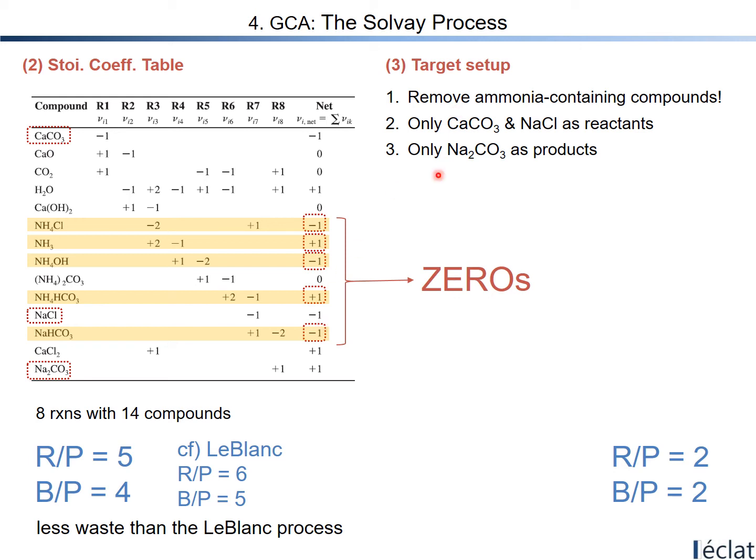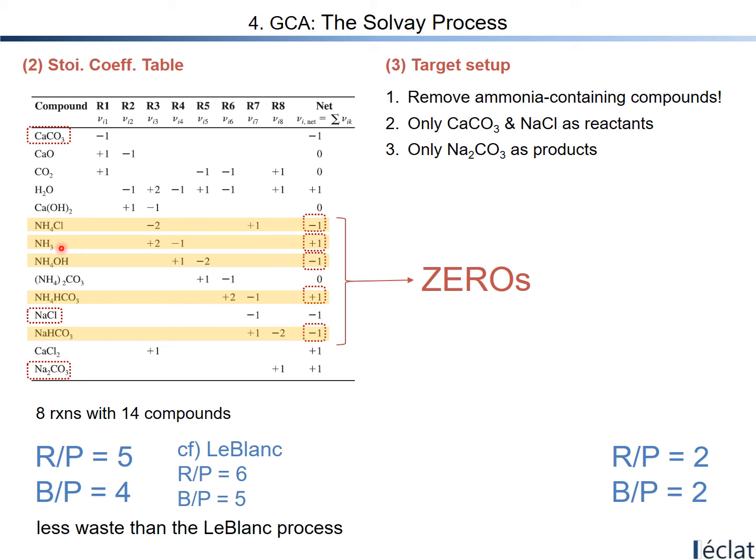So if we do this, then we could have only sodium carbonate as products. Maybe or not, I'm not sure. But anyway, we can kill a lot of side products there. So I want to achieve this target, and then I'm trying to have something.